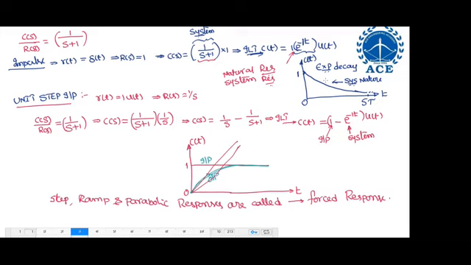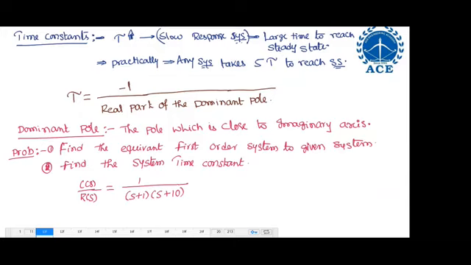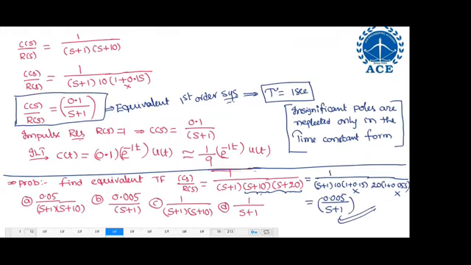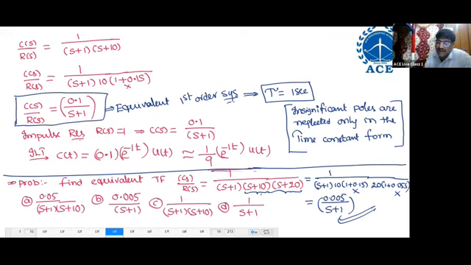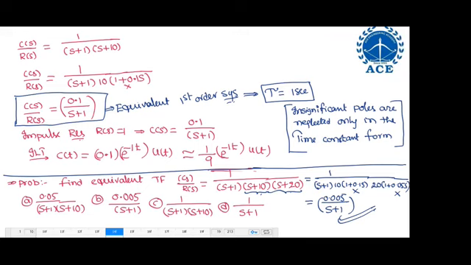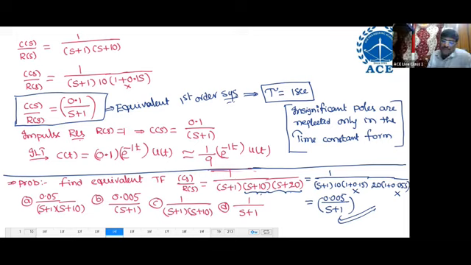Sir, you said that now 1/9 e power of minus t not equal. Both are equal na, approximately. 1/9 is approximately equal to 0.1 na?